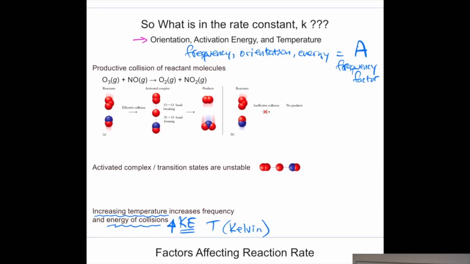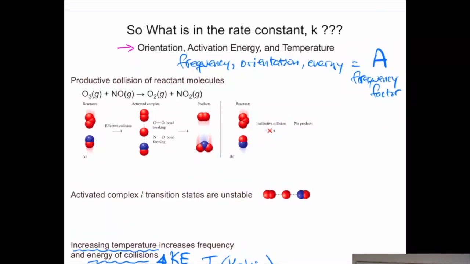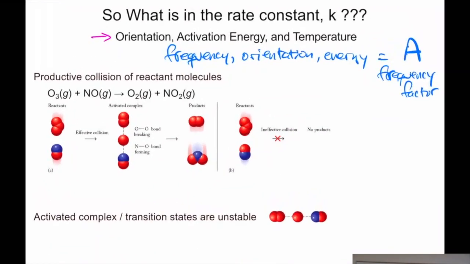All right? But there's something else that we have to account for here, because this is the frequency of productive collisions, not just the frequency of collisions. And that requires the right orientation and the right energy. Only that will give you a productive collision.